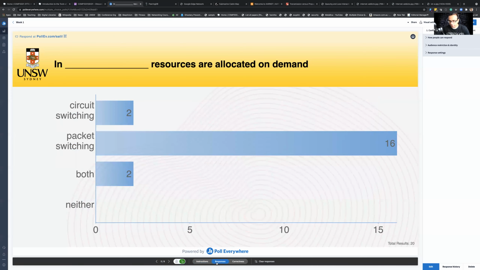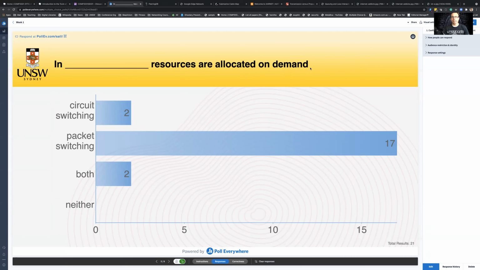Yeah, that is correct. Well done, everyone. Most of you, I guess, the answer would be packet switching. In circuit switching, the resources are provisioned right from the start. Perhaps the wording could have been a bit better, but what I mean here by on demand is you're not making reservations in advance.